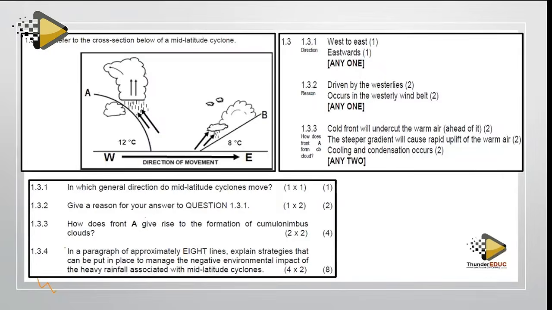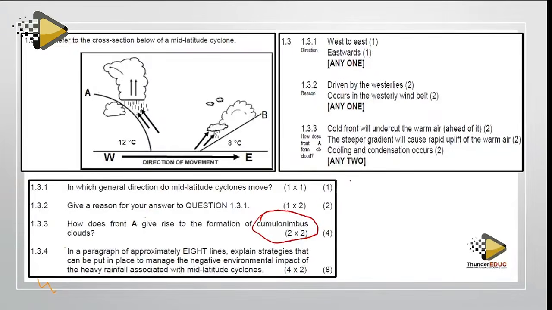Now we were looking at these clouds, cumulonimbus clouds. Cumulonimbus clouds are very important kind of clouds because in geography we have three weather phenomena that are associated with cumulonimbus clouds.